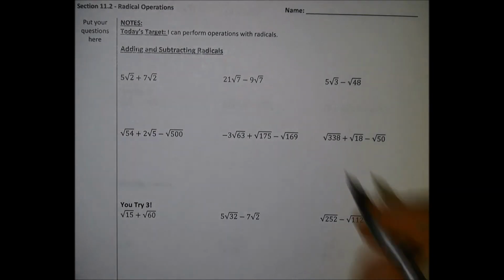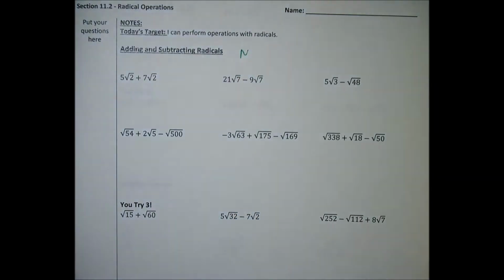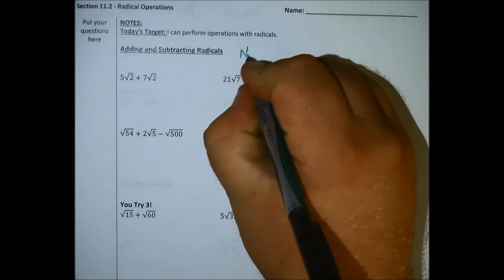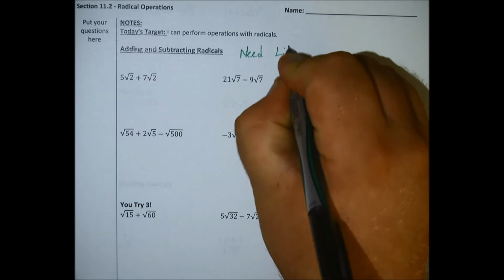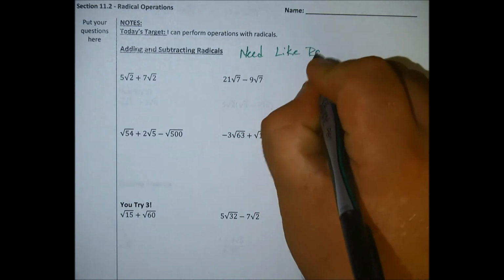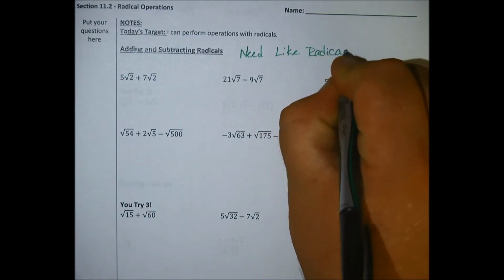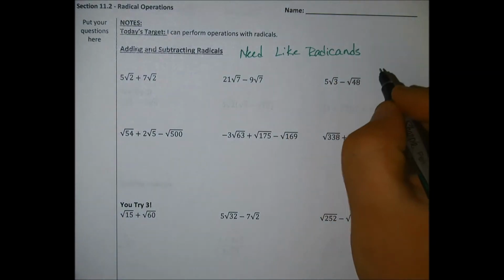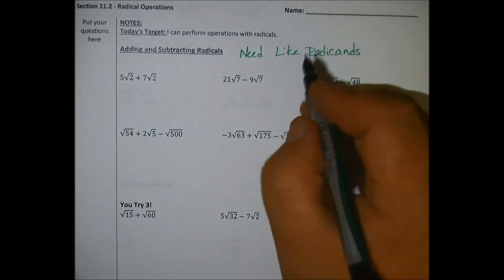But when we add and subtract, we need like radicands. Remember, that's the number under the square root sign.